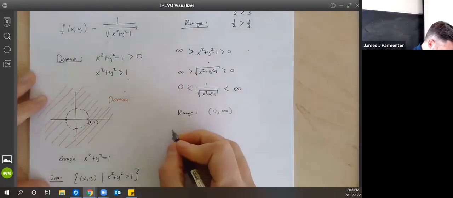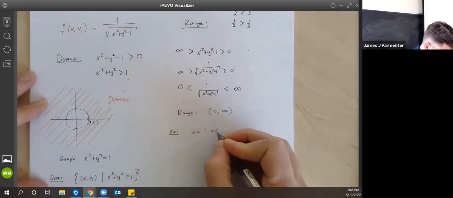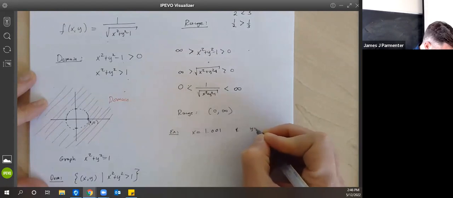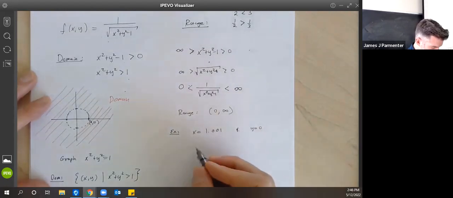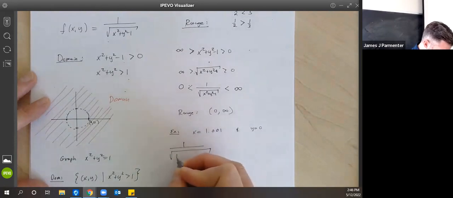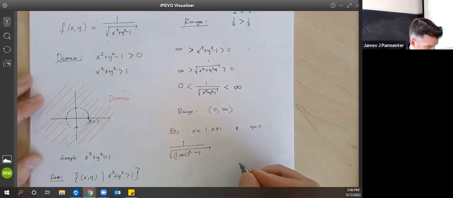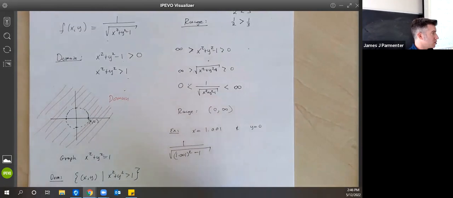For example, if x equals 1.001 and y equals 0, my expression is going to be 1 over the square root of 1.001 squared minus 1, which is a very, very large number because my denominator is super close to 0.